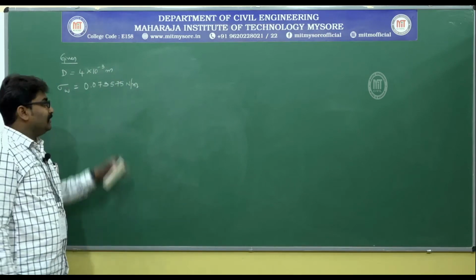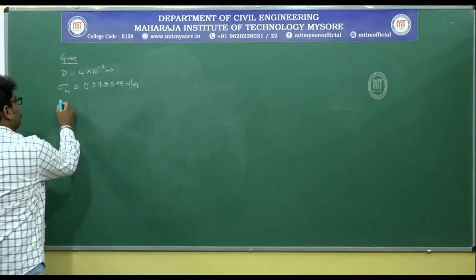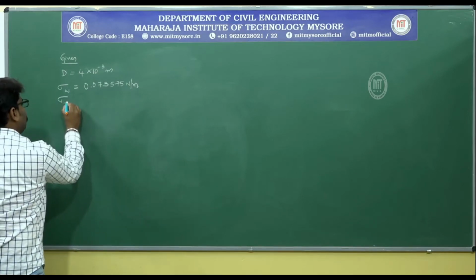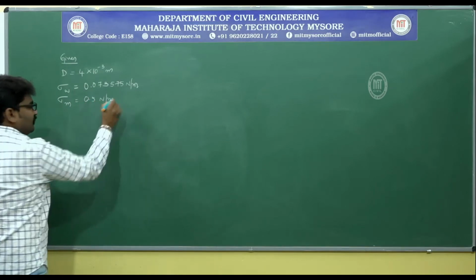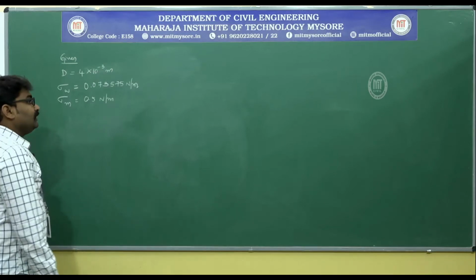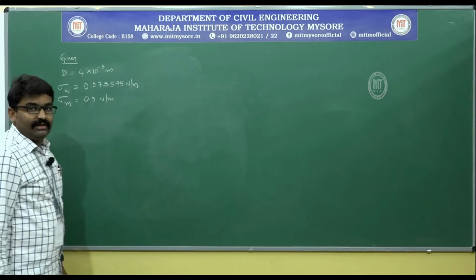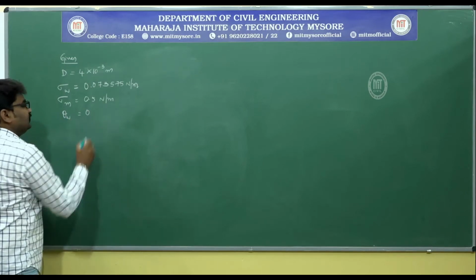No need to change anything because it is given in SI unit, and the surface tension of mercury with air is given as 0.5 Newton per meter, and then the angle made by water with the glass is given, that I will write as theta W as 0.